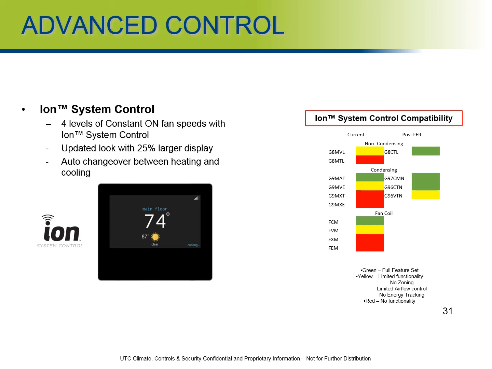I am going to forewarn you, the G96 VTN Victor Tango November is not compatible with the ion control. Even though this chart says that it has limited functionality, it is not compatible. You will end up with airflow issues. So just to correct this chart, the ion control is not compatible with the G96 VTN Victor Tango November.